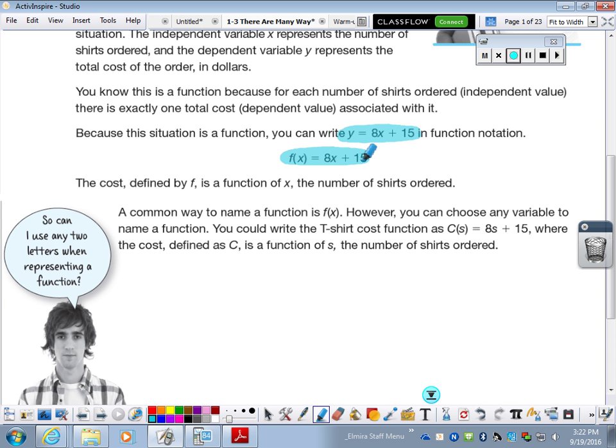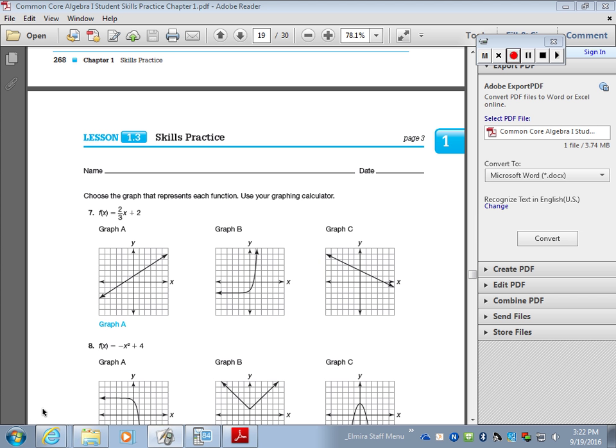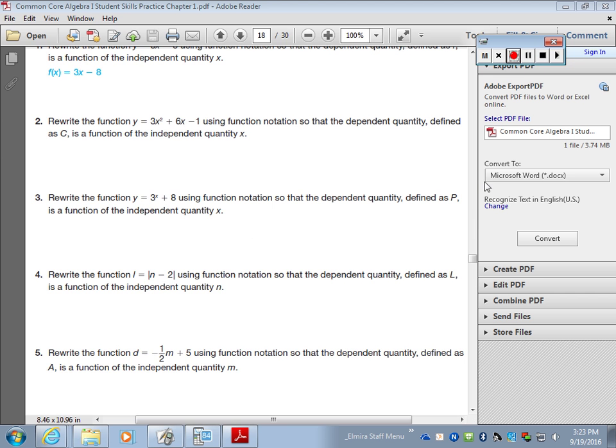Be careful on your homework. Let's pause this. Let's say number 4, for example. You've got L equals absolute value of n minus 2.